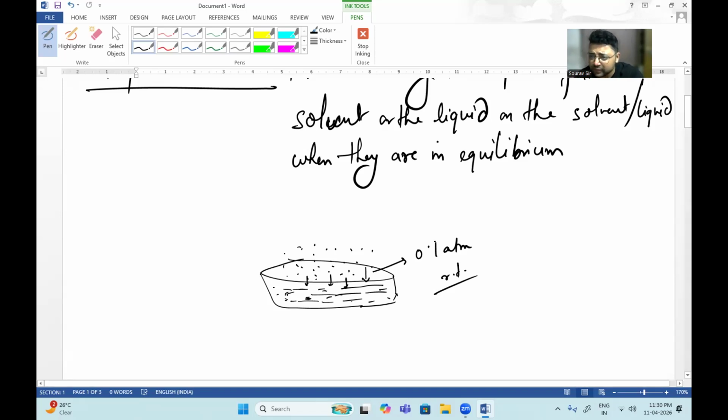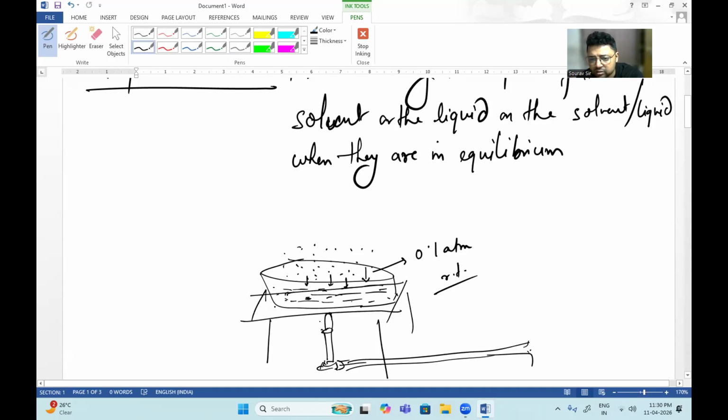Now, as it is less at room temperature, what will you do? You will increase the temperature. Suppose you are heating this with the help of a Bunsen burner. This is a gas line, this is a dish, and this is a stand on which you are keeping it.